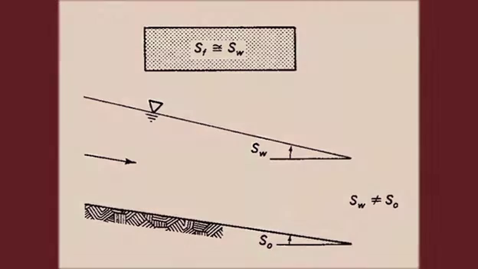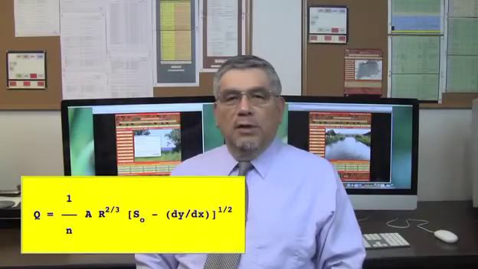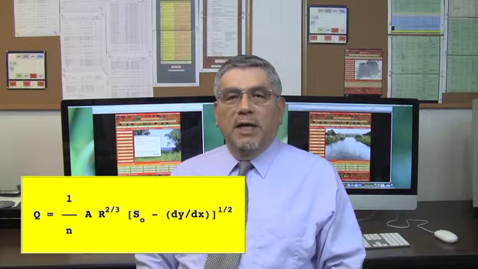This leads to the following equation, in which S sub O is the bottom slope and dy dx is the flow depth gradient.